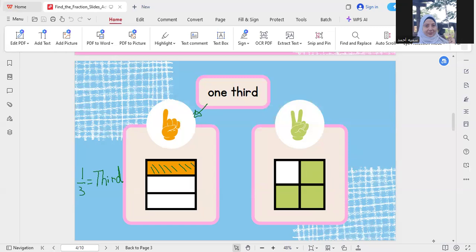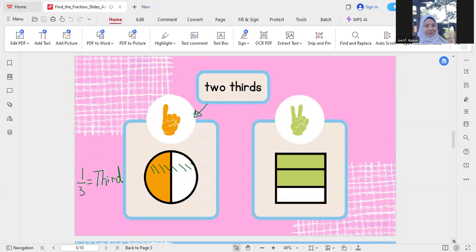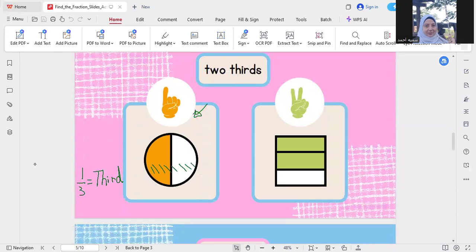And then 2/3. Here he wrote the number 2 before the word third and then put the S of plural. So this fraction, we said it before, equals 1/2 or half.